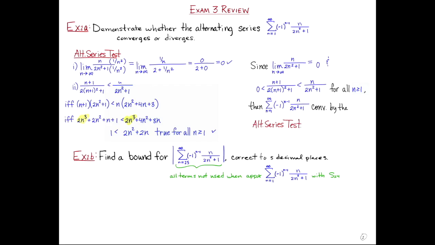In part B, we want to find a bound for the absolute value of the sum from n equals 25 to infinity of negative 1 to the n minus 1 times n over 2n squared plus 1, correct to 5 decimal places. This sum from n equals 25 to infinity, that's all the terms that we're not using when we approximate the infinite sum with s sub 24.